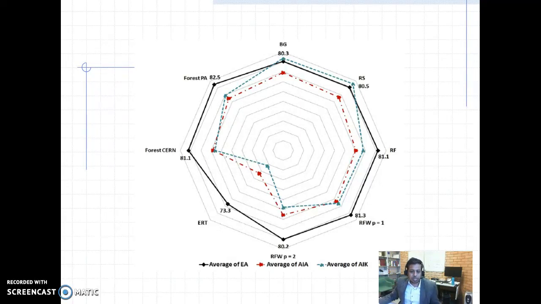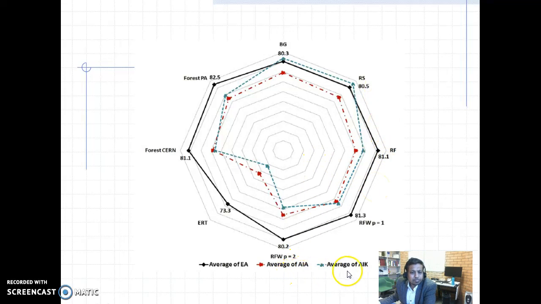Diversity is measured by kappa. So we have average individual kappa, average individual accuracy, and ensemble accuracy. You can see from this diagram that Forest PA's average ensemble accuracy is 82.5, which is the highest among bagging, random subspace and the others, based on these 20 data sets only.